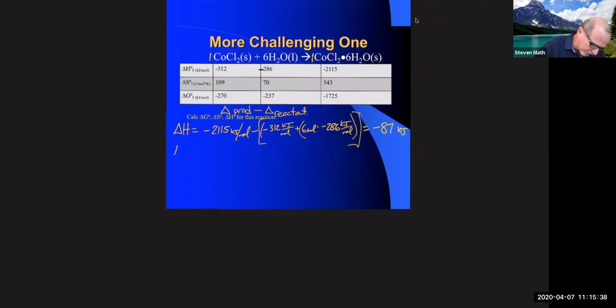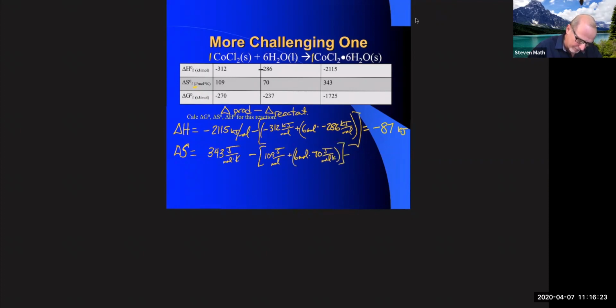Now let's do the same with delta S. Smaller numbers. 343, remember these are in terms of joules per mole Kelvin, minus 109 joules per mole plus 6 moles times 70 joules per mole.